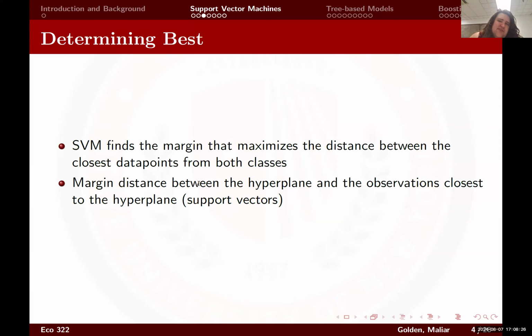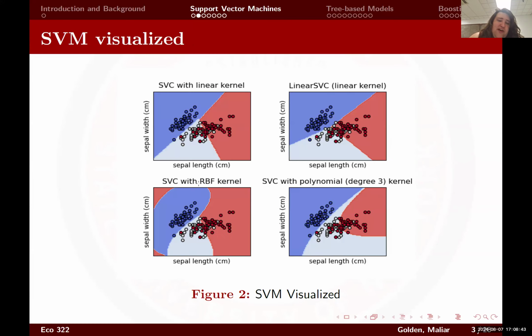So how does SVM decide how to draw these lines? SVM finds the margin that maximizes the distance between the closest data points from both classes. This is the distance between the hyperplane and the observations closest to the hyperplane, the support vectors.